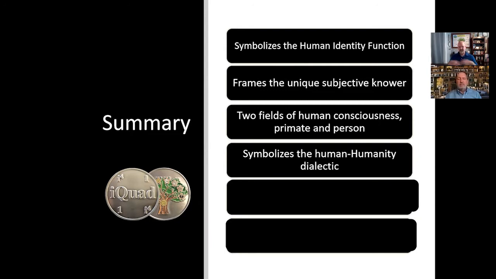And then in terms of the symbolization, it symbolizes the humanity dialectic. In that regard, I am a human person. And then it places me to reflect on what is my relationship between groups of people across expanding socio-ecological domains.